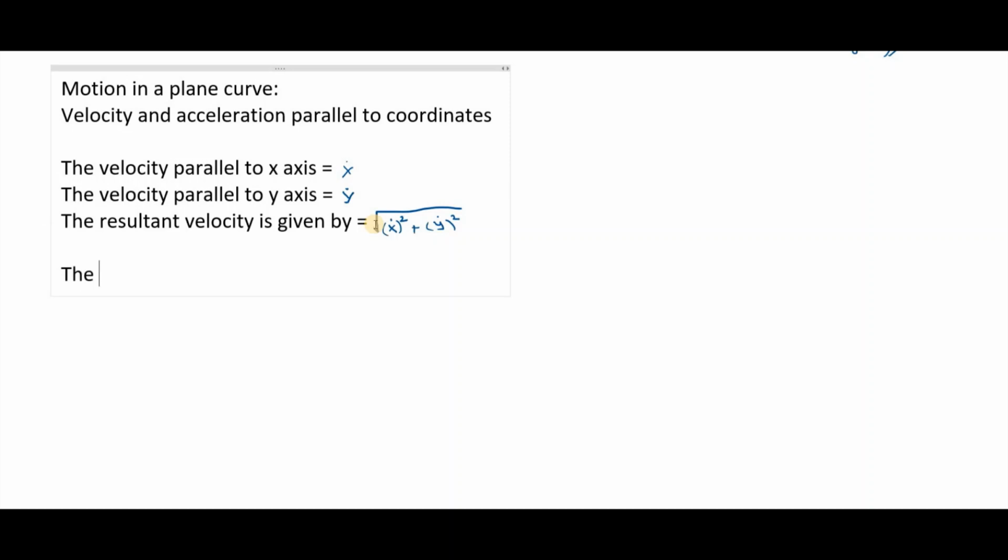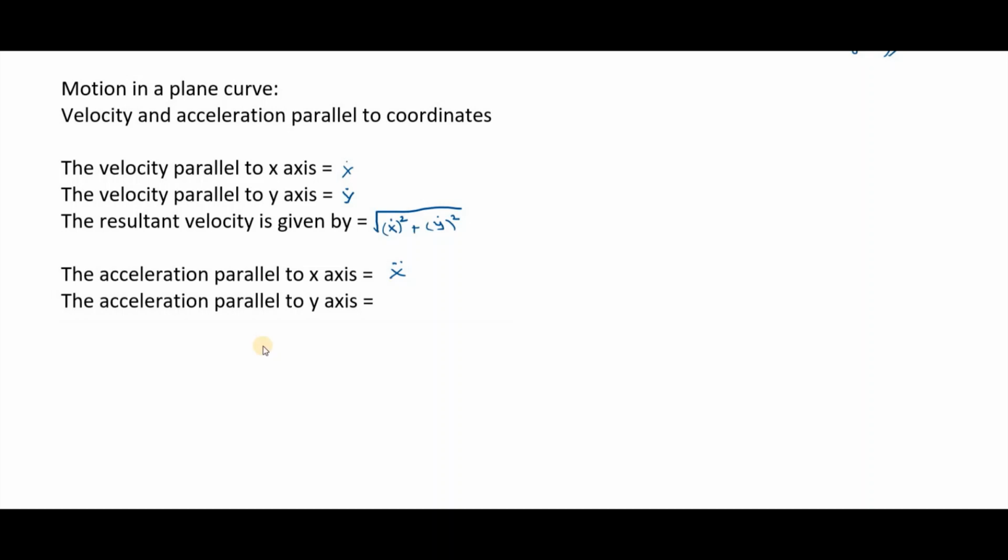Similarly, we can write for acceleration. The acceleration parallel to the x-axis is equal to x double dot, and the acceleration parallel to the y-axis is equal to y double dot.